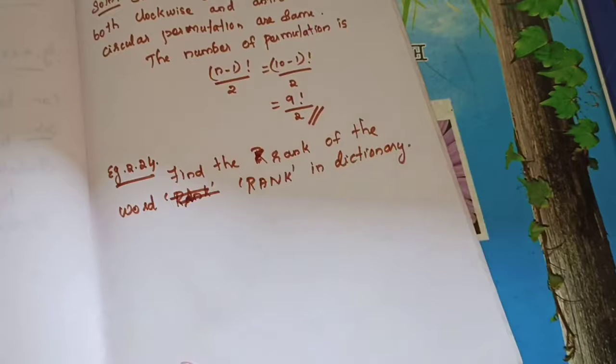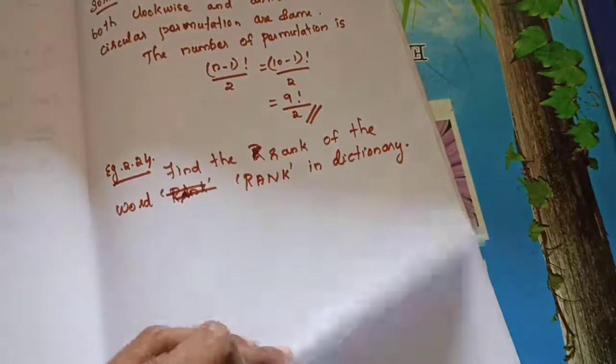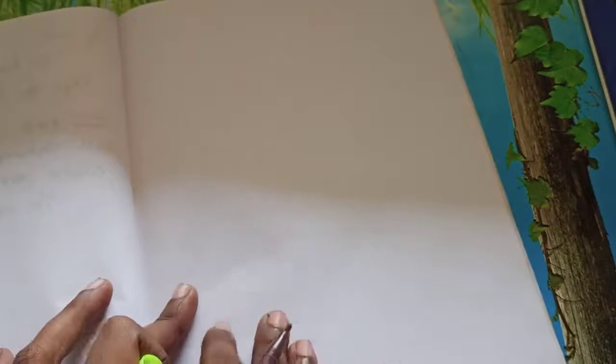What's the question? Find the rank of the word rank in the dictionary. You want to be very careful. Listen here very carefully, otherwise you won't understand. So we need to find the rank of the word rank.